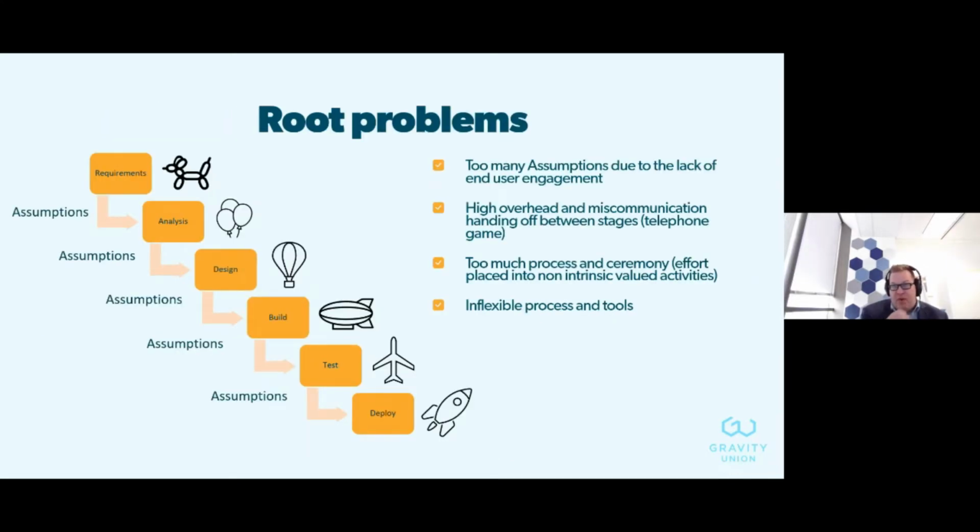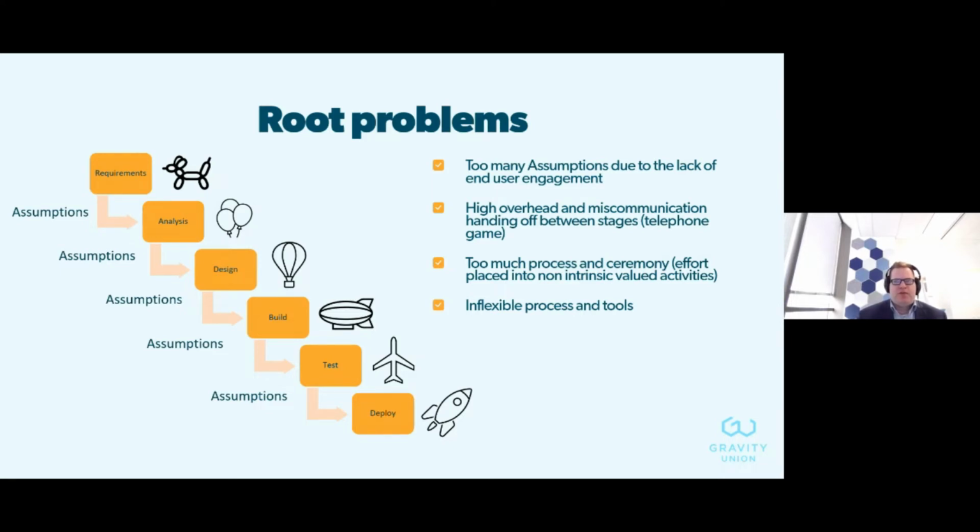Looking at the root problems of all these software projects: we had too many assumptions. We had a lack of user engagement. They gave us the requirements up front and disappeared. We built the software and delivered it back to them six months later, two years later, and it didn't meet the requirements. Just all this overhead and miscommunication between different stages.